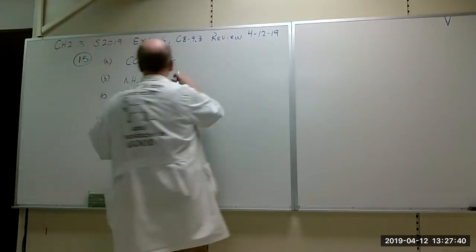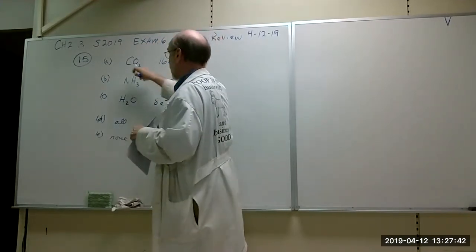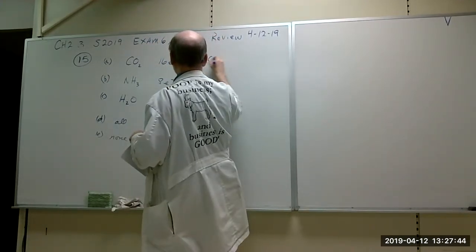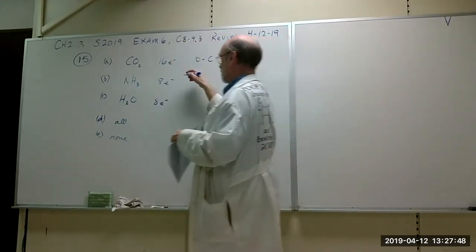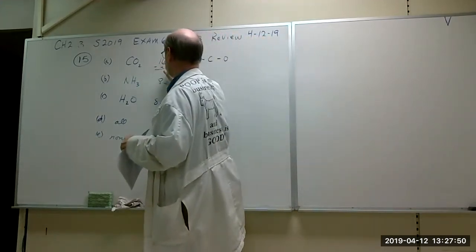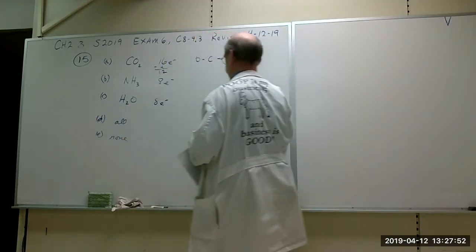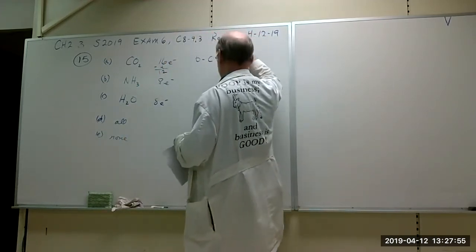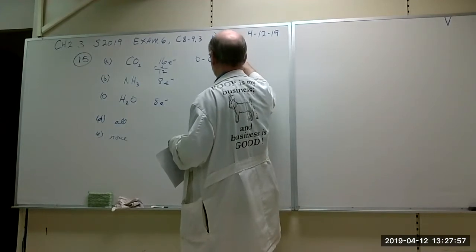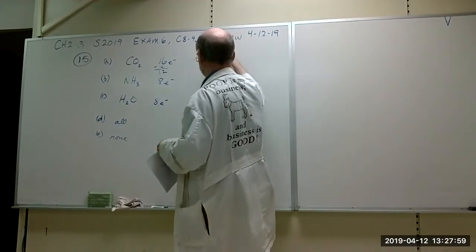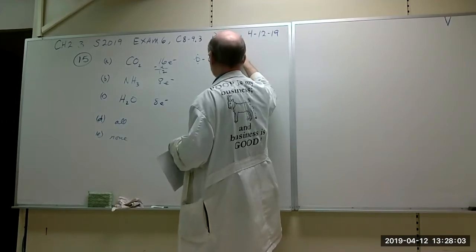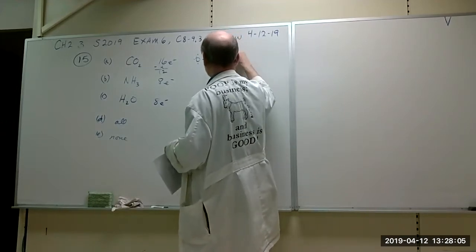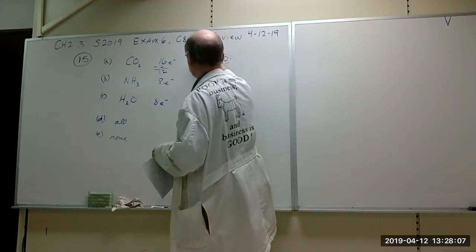Okay, so if we've got 16 electrons, carbon's going to be in the center. Right? So that's minus 4, which makes 12 electrons. So we can start going from the outside. 1, 2, 3, 4, 5, 6, 7, 8, 9, 10, 11, 12.